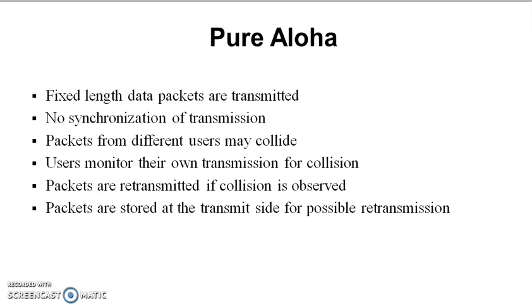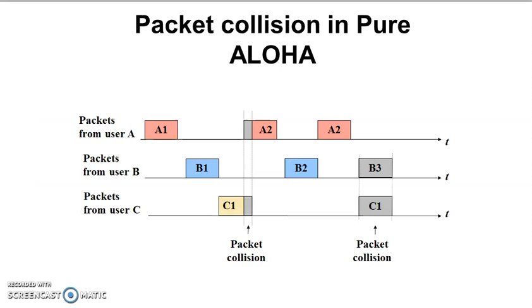If you see the given figure, we can have a packet collision in pure ALOHA if there are multiple users, and a collision occurs when a part of a whole packet overlaps. Here the packet collision occurs because of multiple users at this particular period.